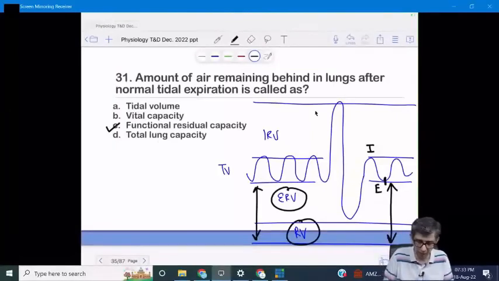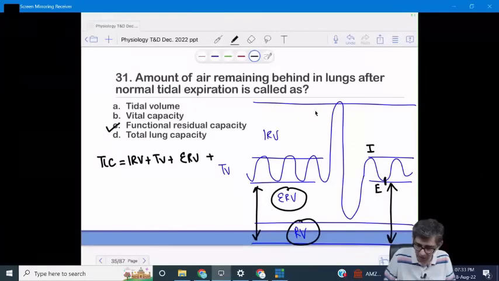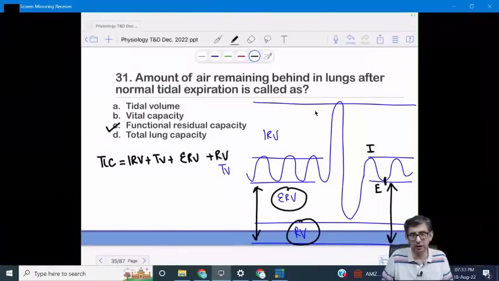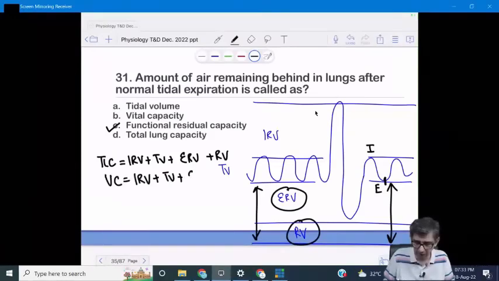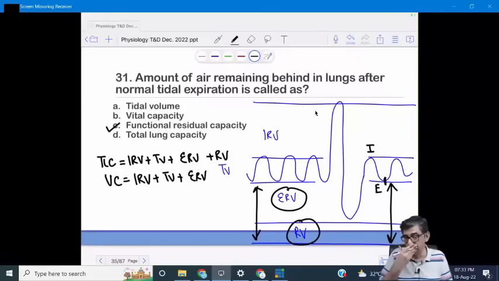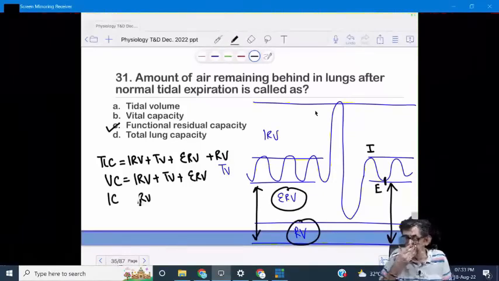There are 4 capacities. Total lung capacity, in which we add everything. So let me just quickly jot down the values. That is TLC. Then we have vital capacity in which we add the top 3: IRV, tidal volume and expiratory reserve volume. Then we have inspiratory capacity in which we add the top 2.